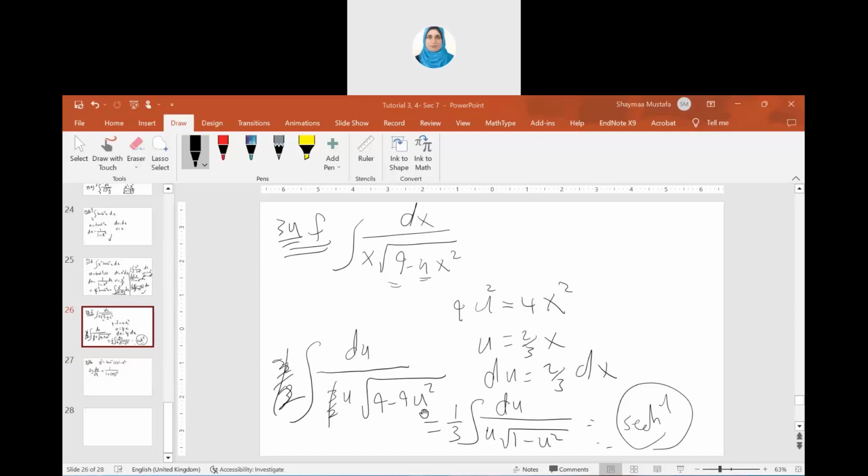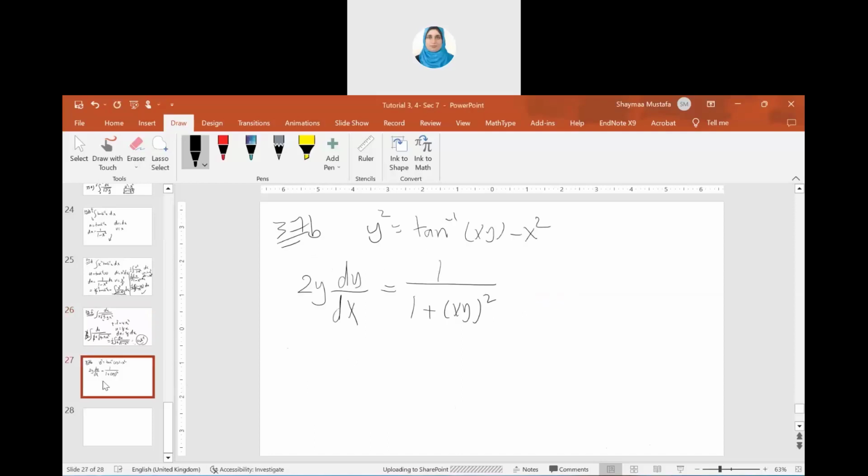The derivative of tan inverse u is 1 over 1 plus u squared. Okay, so 1 over 1 plus xy squared, multiplied by the derivative of xy.